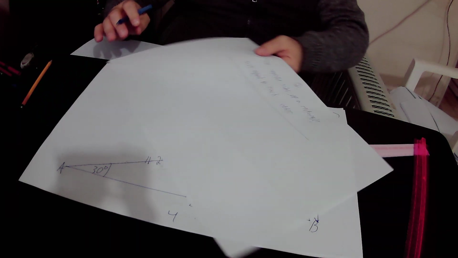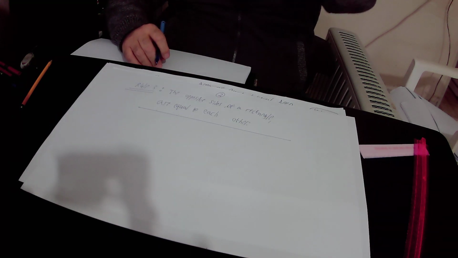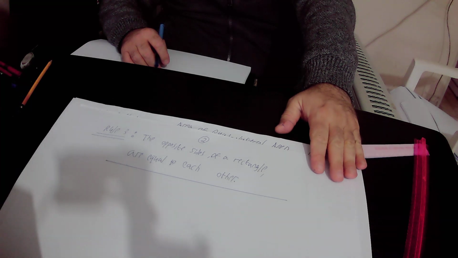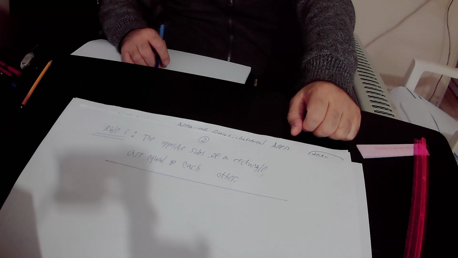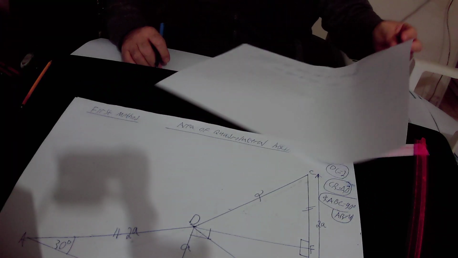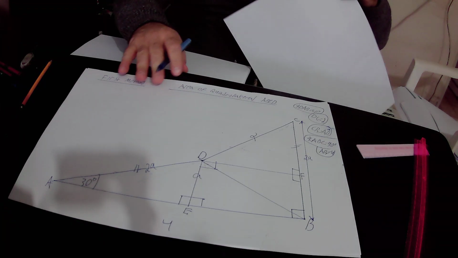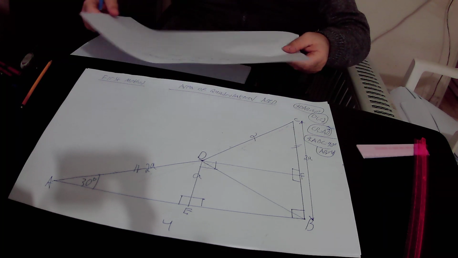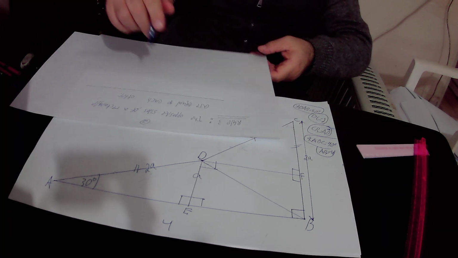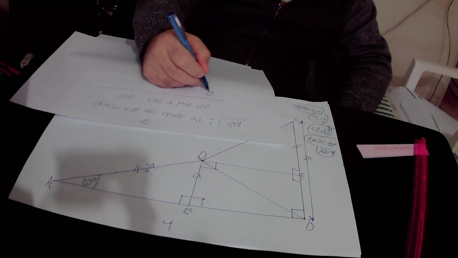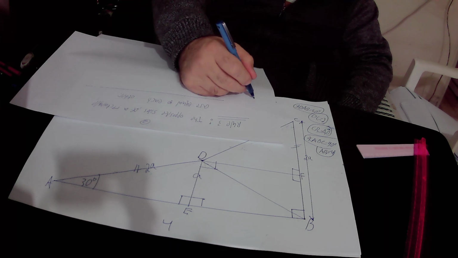So I will read rule number 3 again. According to rule number 3, the opposite sides of a rectangle are equal to each other. That is to say, the opposite sides of rectangle DFEB are equal to each other. It means that DE equals FB in rectangle DFEB.